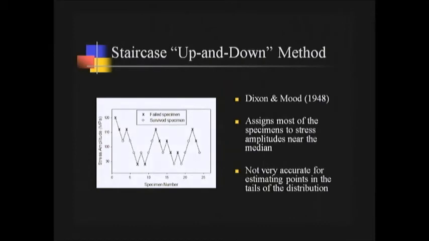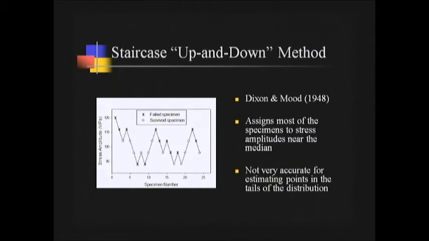And the second specimen does not fail by the predetermined limit, and so we drop down again for the third specimen, and this one survives 10,000 cycles. And so we must test the next specimen at a higher level, and we keep doing this type of walking up and down from specimen to specimen.